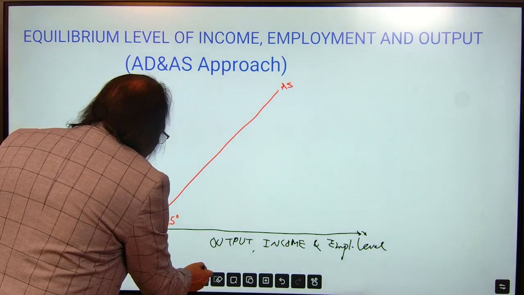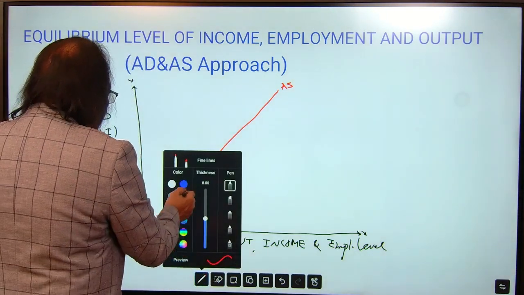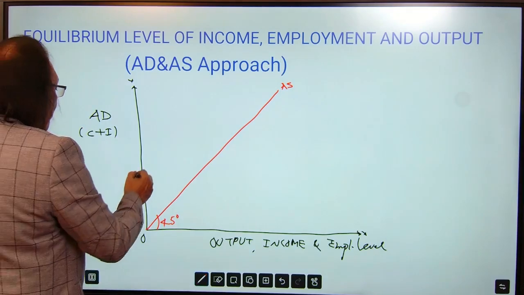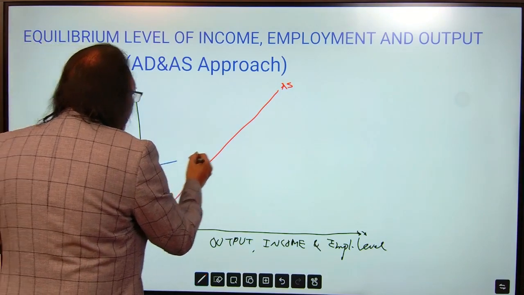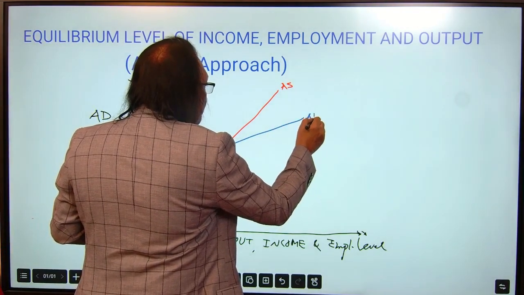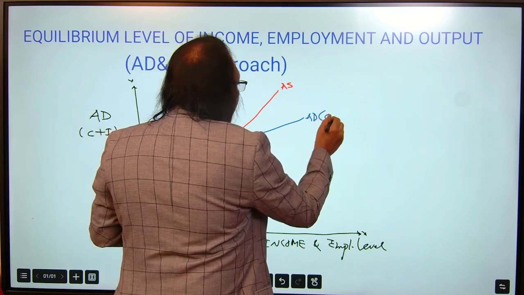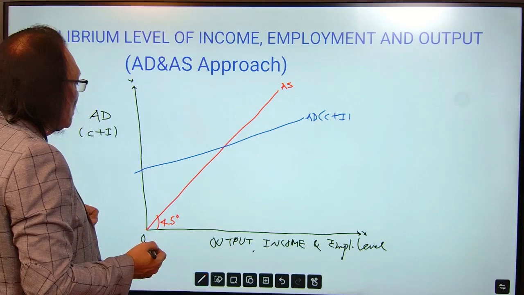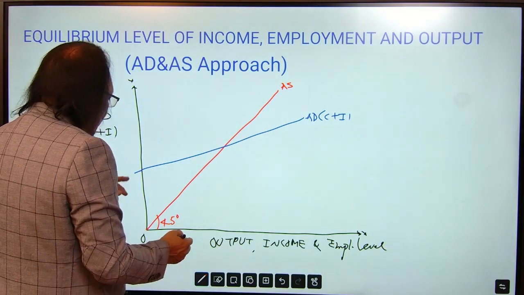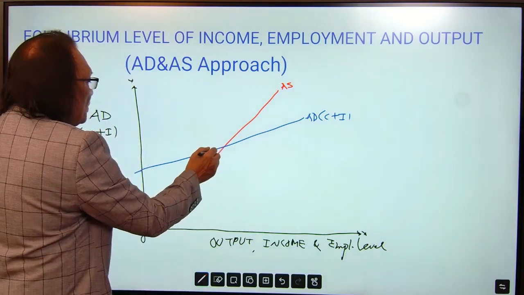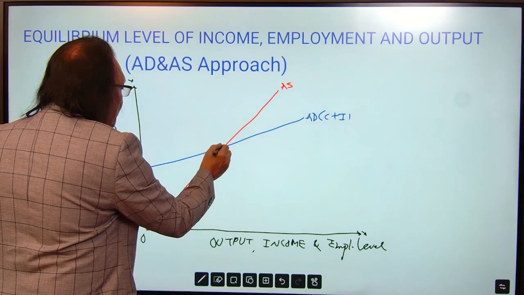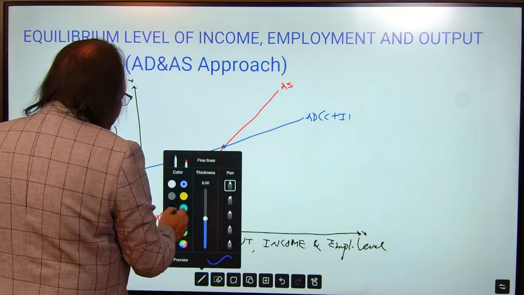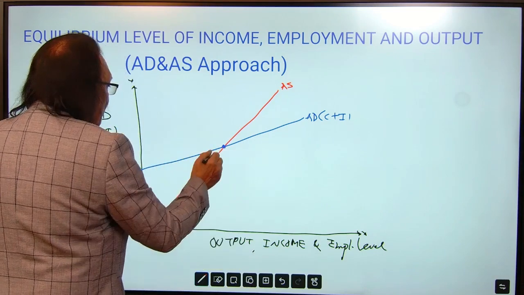Now we'll take AD, that is C plus I. See these two curves, this is C plus I. You can see both these intersect at this point. Both are intersecting at this point, so what is happening here?